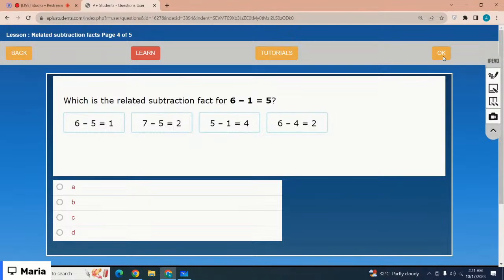The correct option is option number... Option C. How?